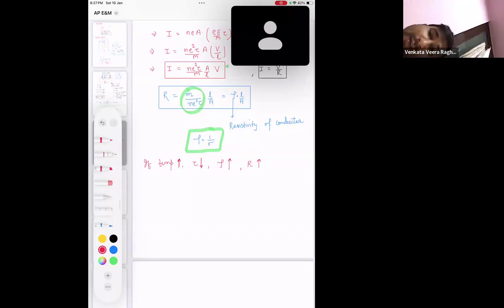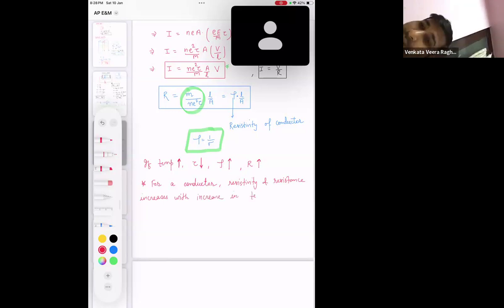Understood? So that's why, for a conductor, please keep in mind, I am writing the word conductor. Okay? For a conductor, resistivity and resistance increase with increase in temperature. That's why, normally, when we have a conductor and you connect it to the battery, what will happen?